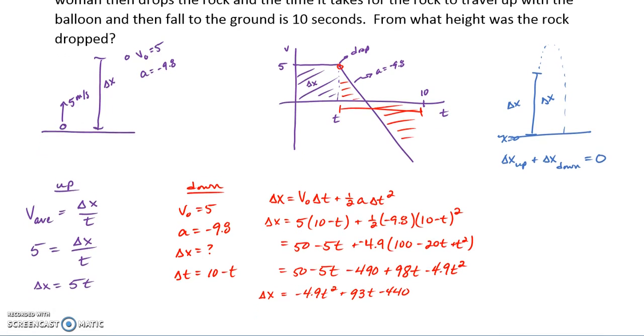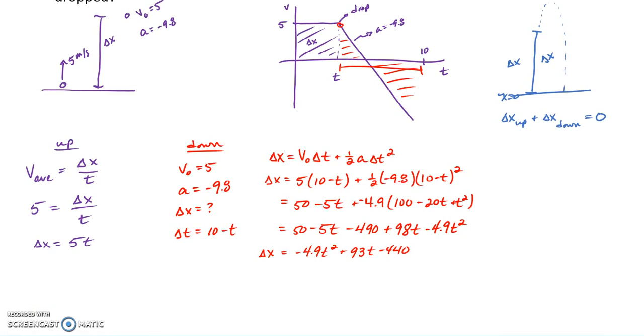And the question is, what do we do with this now that we have it? Well, up here we talked about the fact that our total displacement, our up plus our down, is going to equal 0. So I'm going to come back and combine these. If I add these two displacements together, that should equal 0.